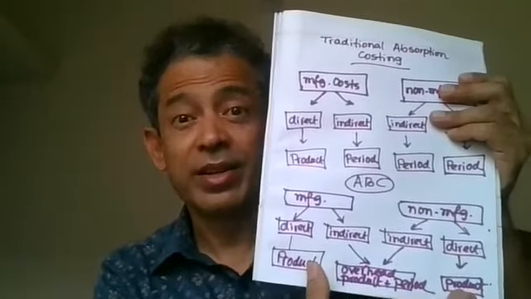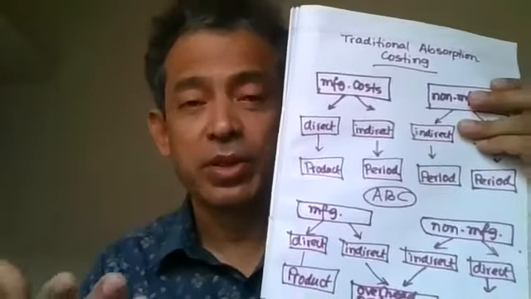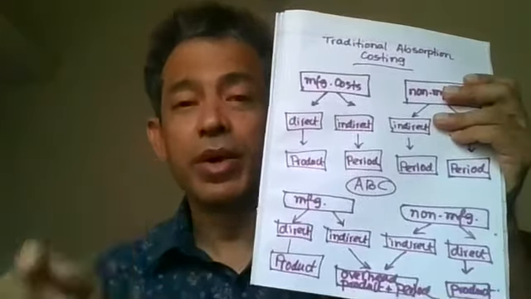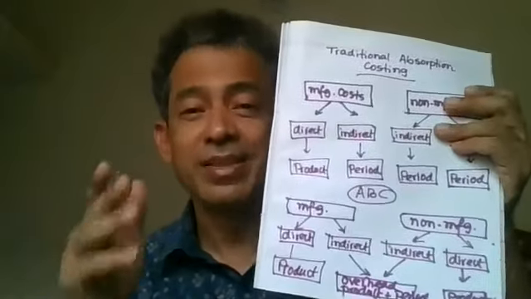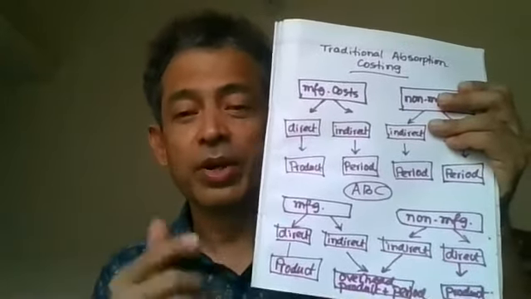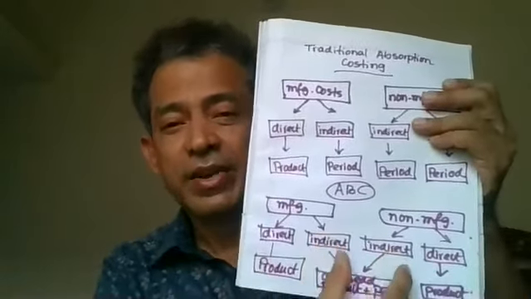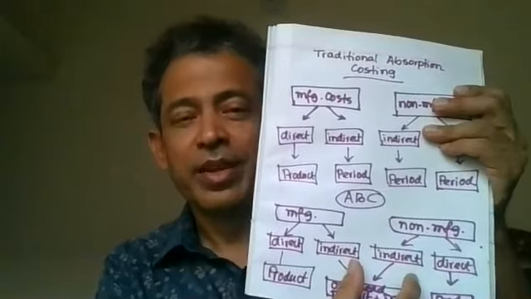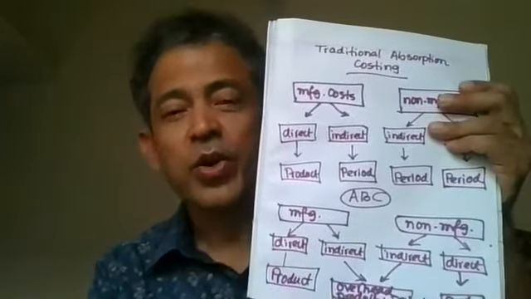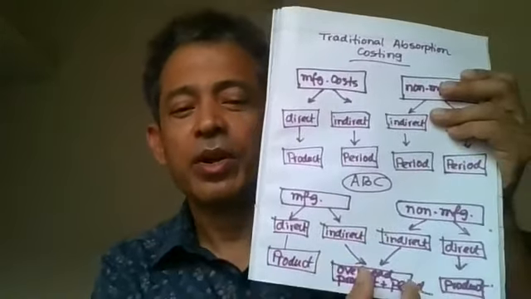As long as they're direct, meaning they have a direct link with the products, they are going to be product costs. Product costs means they're going to be assigned to the unit cost of the product or service. And then the indirect ones, be it manufacturing or non-manufacturing, we call them overhead, and we call them period costs, as long as they're indirect.